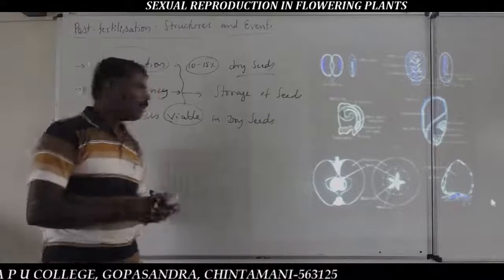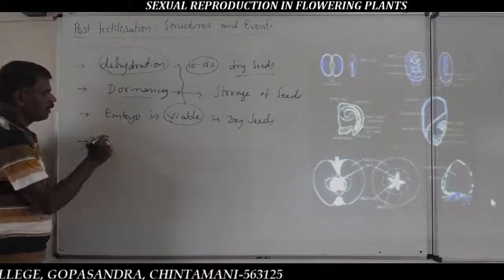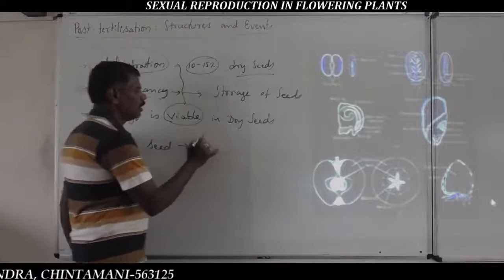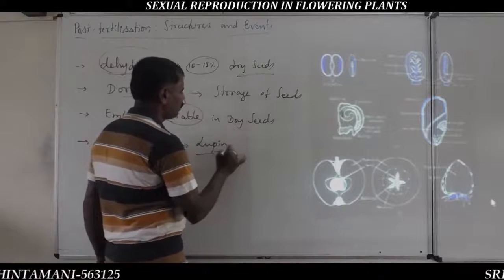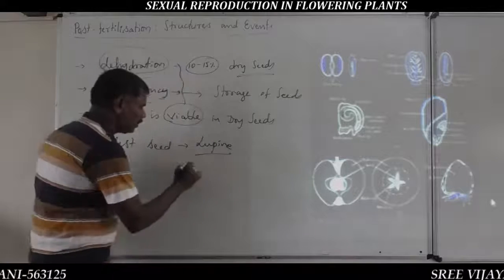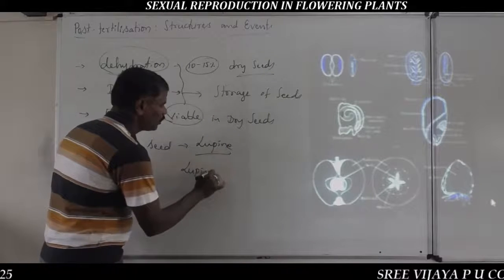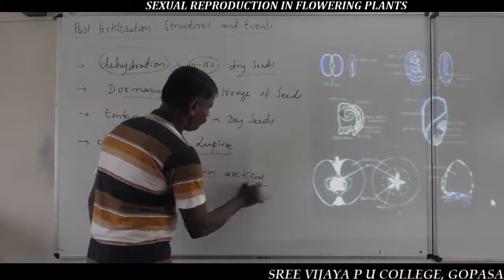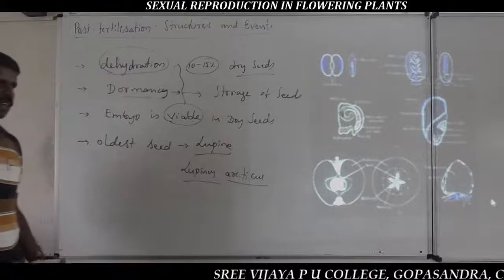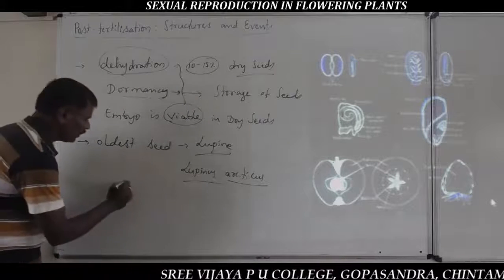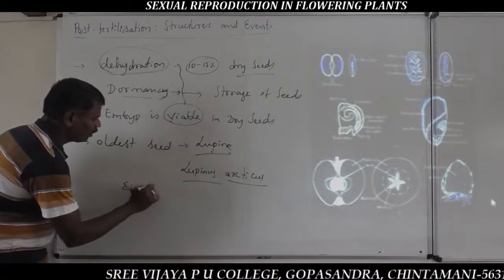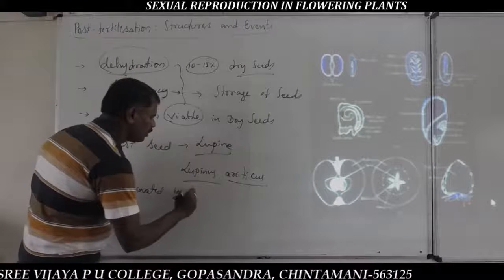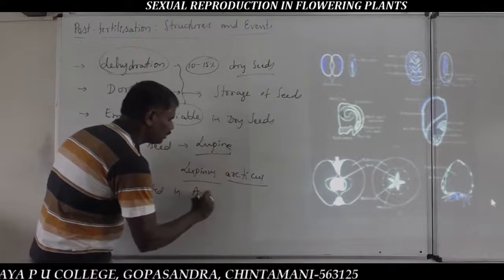One of the oldest seeds is the lupin seed, Lupinus arcticus. The Lupinus arcticus seed was excavated in the Arctic tundra.